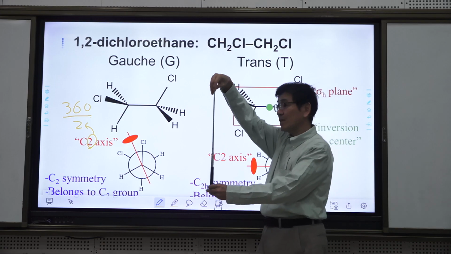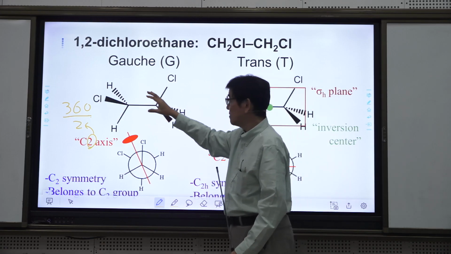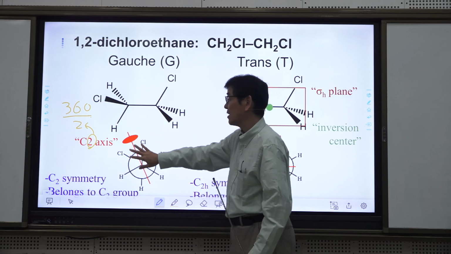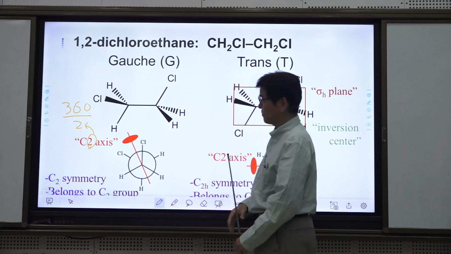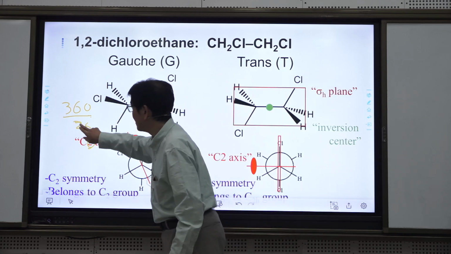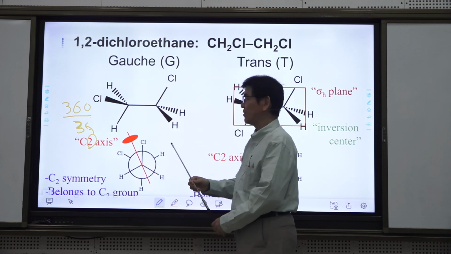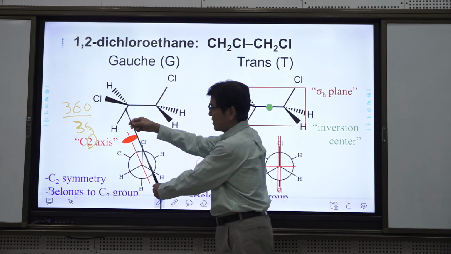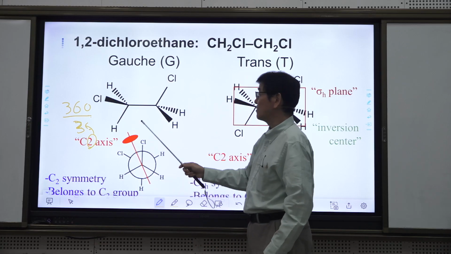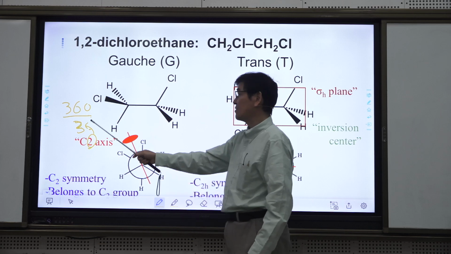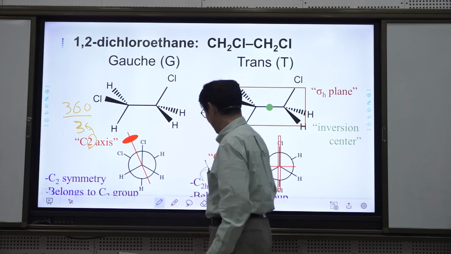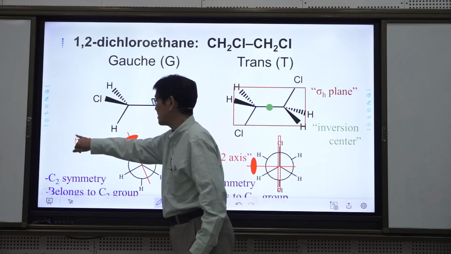So by rotating 180 degrees, it becomes the identical arrangement of the atoms. Okay, if we rotate 120 degrees, what happens? 120 degree, then the configuration does not overlap. So this molecule does not have C3 axis, C4 axis, C6 axis. Okay, this molecule has C2 axis.